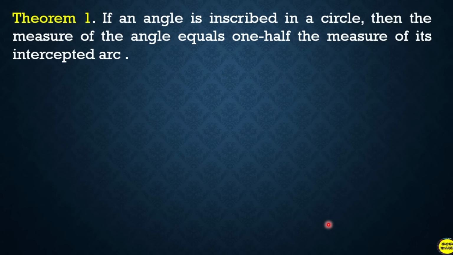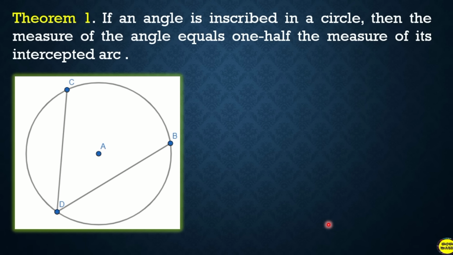Okay, these are the different theorems on inscribed angles. First, if an angle is inscribed in a circle, then the measure of the angle equals 1/2 the measure of its intercepted arc. For example, we have a given circle A. Our inscribed angle here is CDB or BDC.